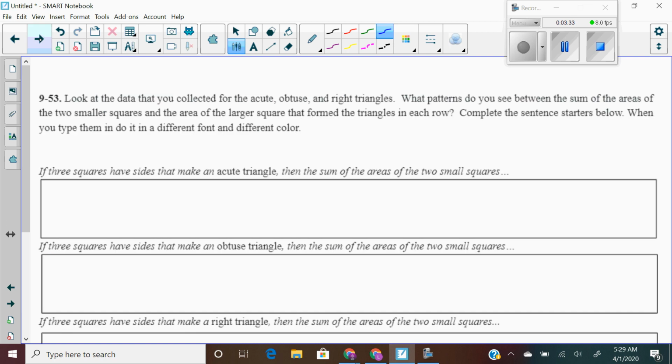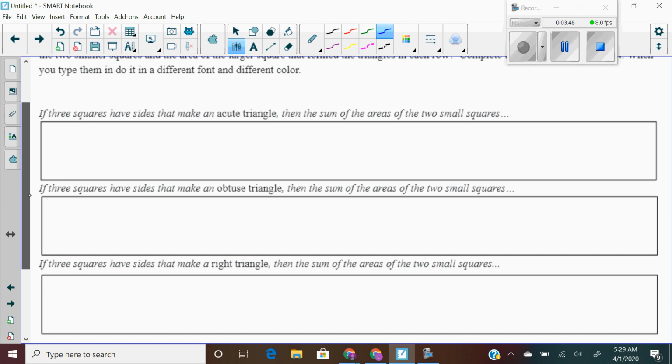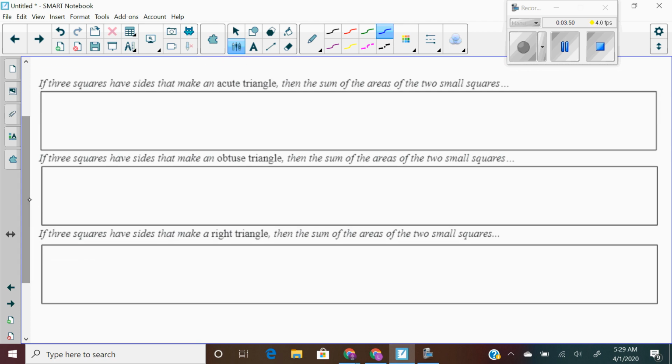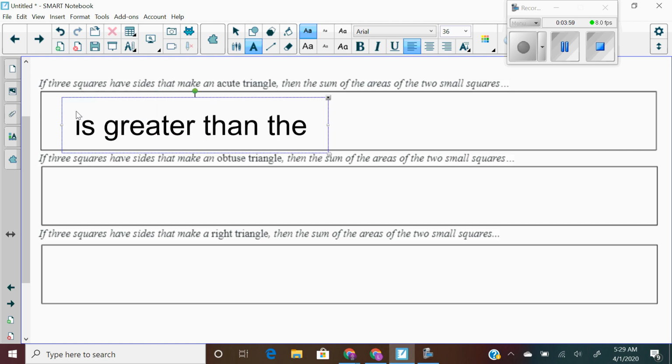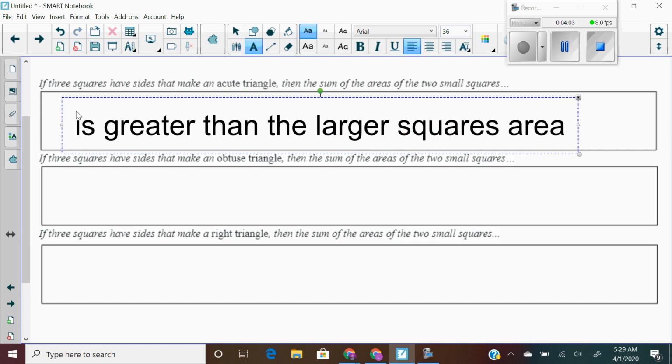All right. So the next part had us looking at what happened when it made the acute, obtuse, or right triangles. What patterns do we see between the sums of the areas of the two smaller squares and the larger square? So if the three squares have side lengths that make an acute triangle, then the sum of the two squares is greater than the large square's area.